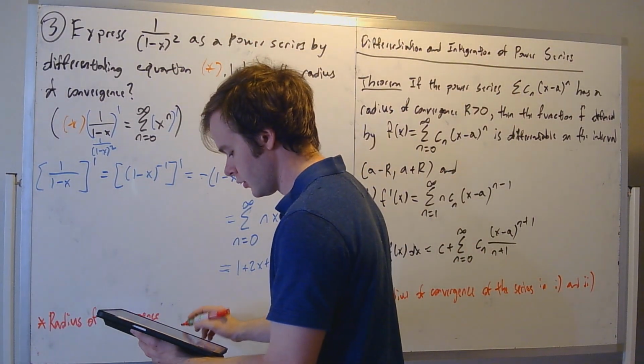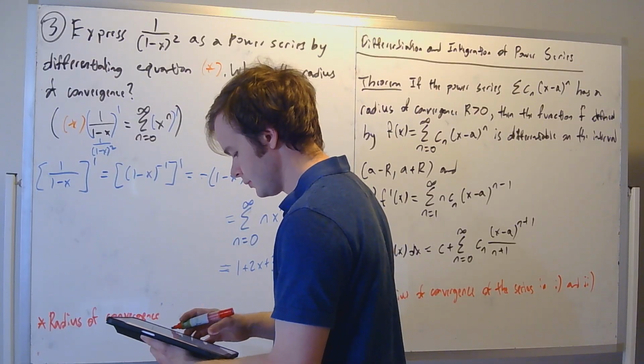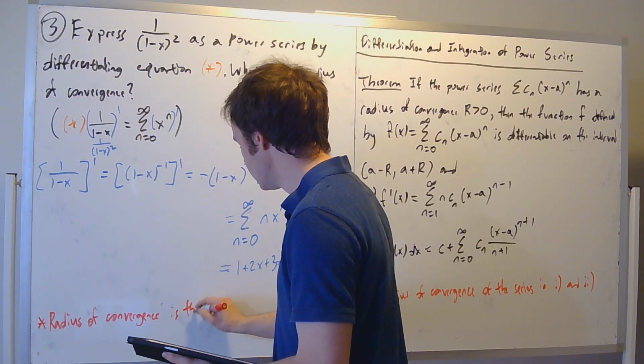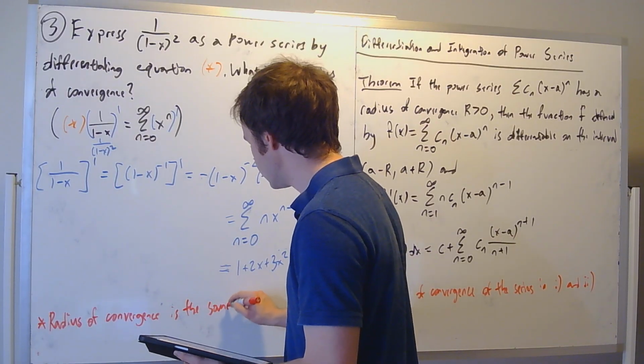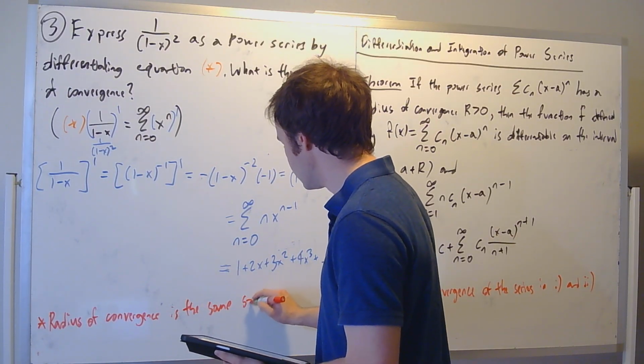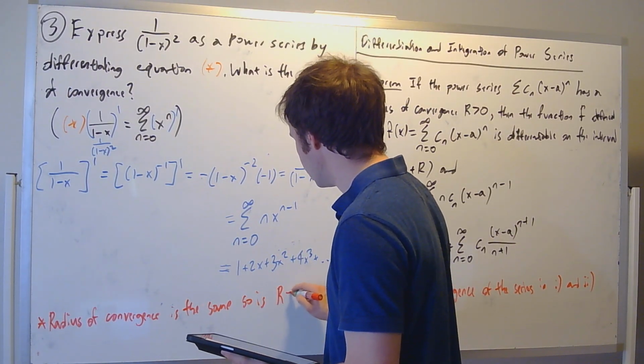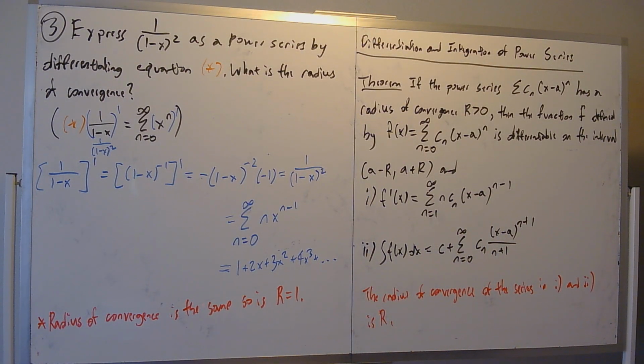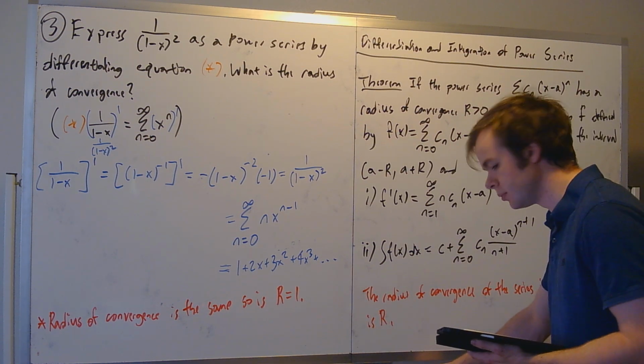So the radius of convergence in this example is the same as the original function, so R is equal to 1. So that's how we find the radius of convergence. Okay. Now, we've just got one more example to go through.